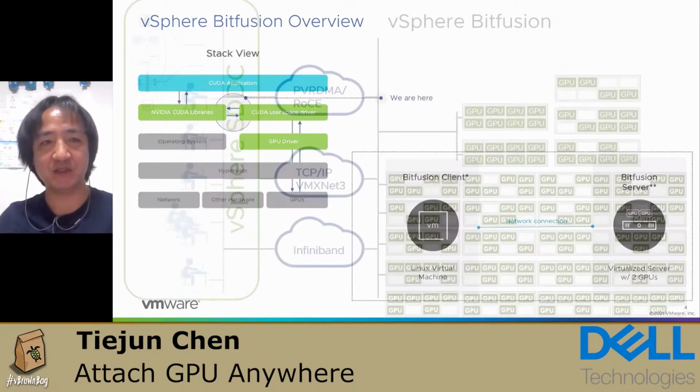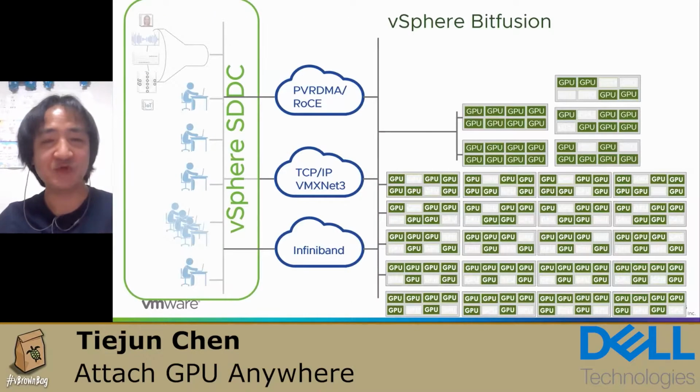vSphere Bitfusion can virtualize the physical GPU hardware from ESXi hosts and aggregate them into a single pool of GPU resources. We also use technologies like RDMA and InfiniBand to accelerate the Bitfusion process.